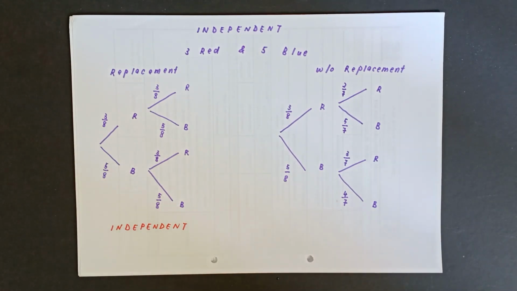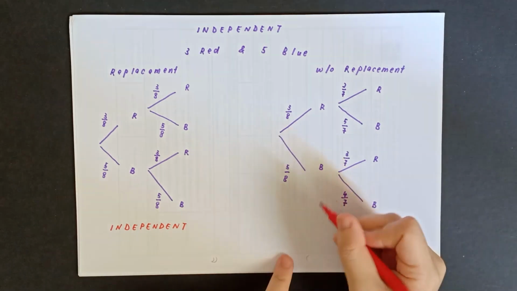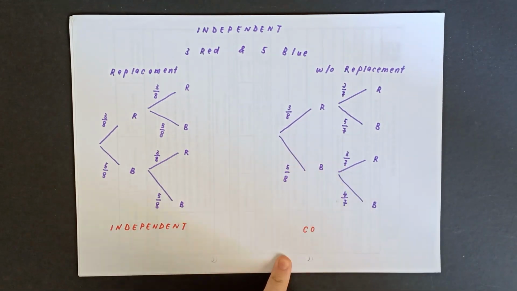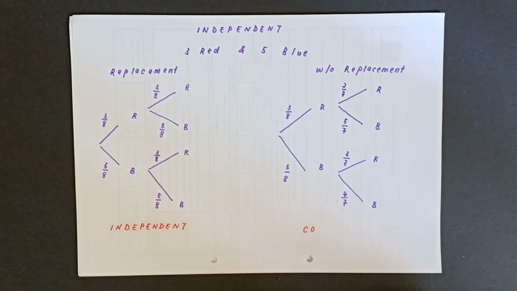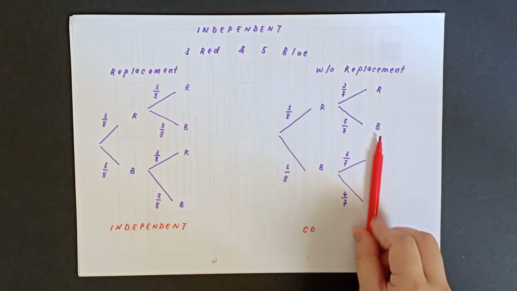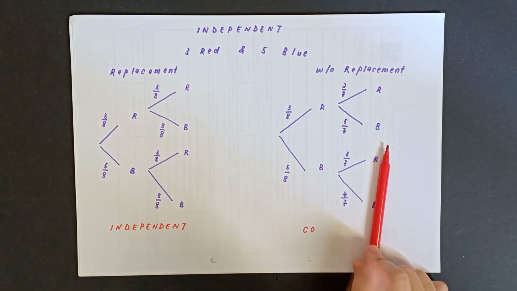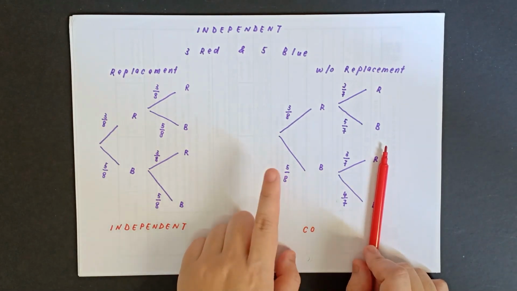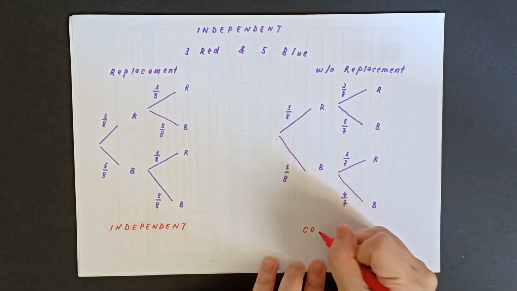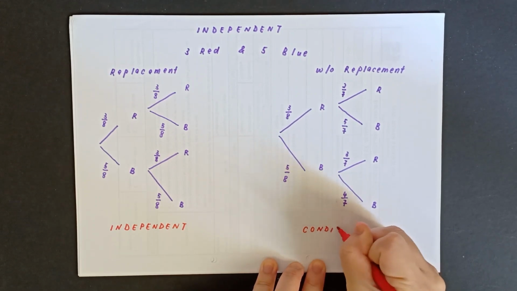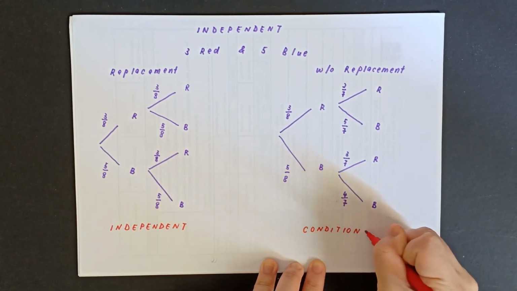This is the not independent one, meaning that what happens after that is going to be affected by what happened previously. So what is this called? This is actually called conditional probability.